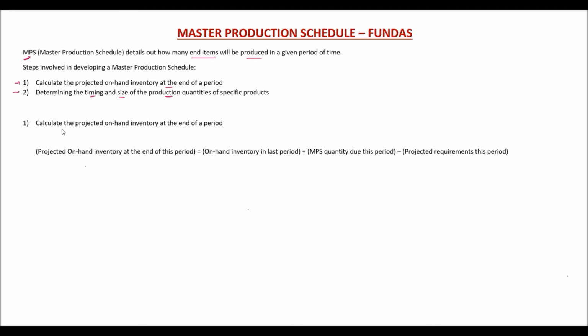Now the first step is calculate the projected on-hand inventory at the end of a period. Now basically this is the amount of inventory available after the demand has been satisfied. So let us look at the formula.